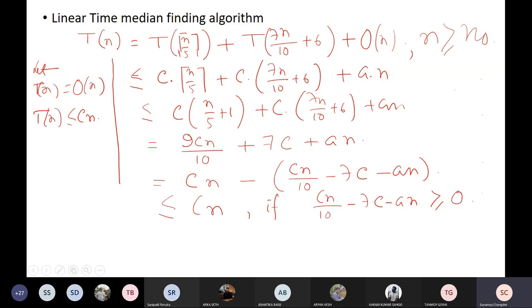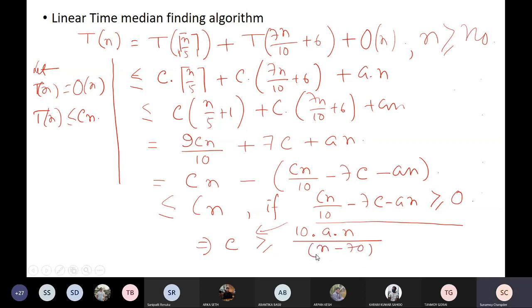So Tn is big O of n, that is order of n in the worst case, if this condition is true. If we solve this, this implies C is greater than or equal to 10 into A into n by n minus 70.